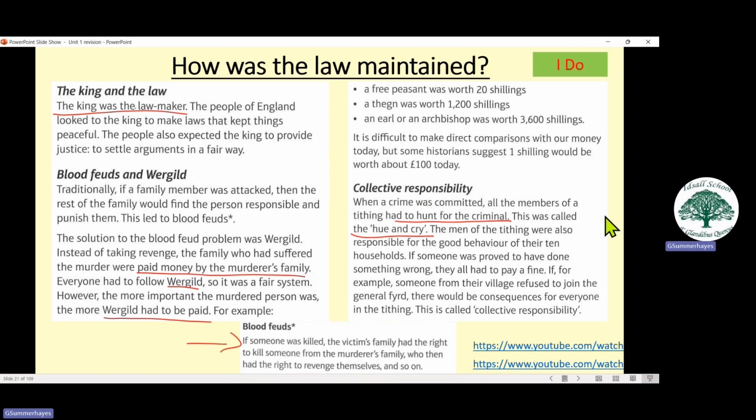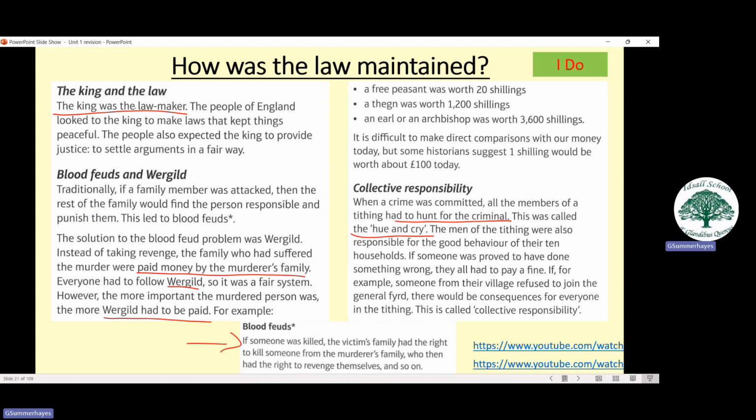Now, another thing that they did is ensure that there was collective responsibility. So if a crime was committed, everybody in the tithing, remember 10 households, had to hunt for the criminals, and they would call this the hue and cry. So the cry might go up, follow him, catch him, whatever.